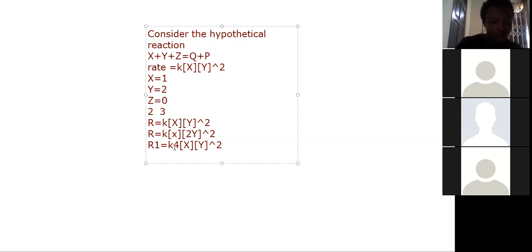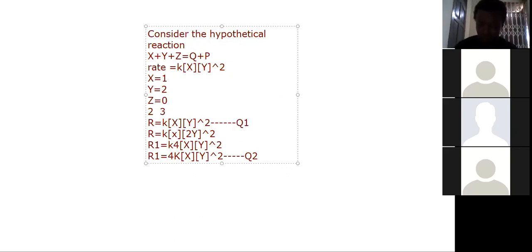So our R1 will become 4k x y raised to power 2. Please, are we there? So let's name this the second equation, equation 2. Now I want to find the relationship between the rate itself and when it is doubled, what relationship are we going to get?